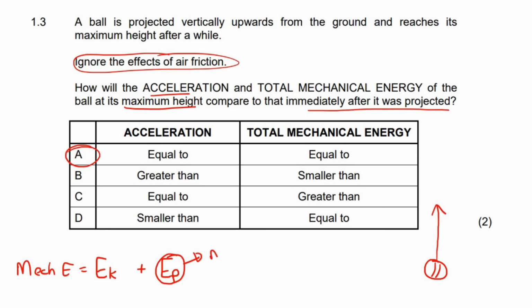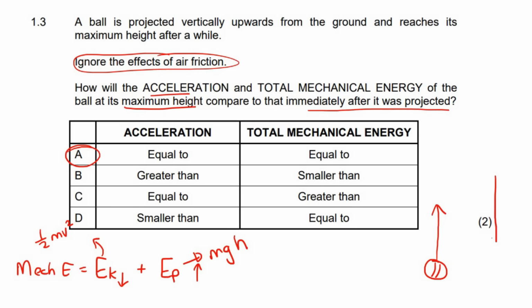Remember, potential energy is mg height. But the kinetic energy will become less because that's half mv squared, and as the ball goes up, the velocity decreases. So the potential energy will increase and the kinetic energy will decrease as the ball goes up.